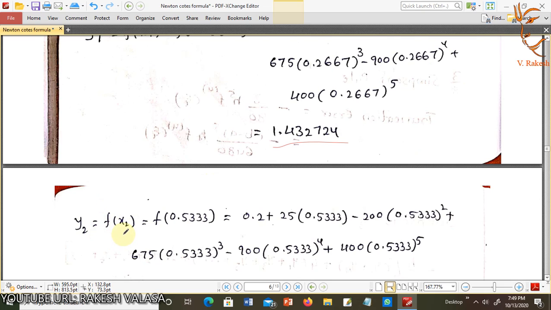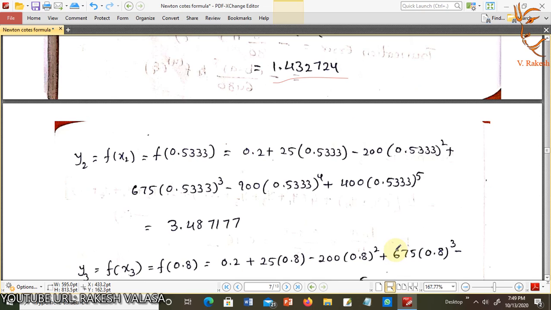Similarly calculate y2, that means f of x2. Now you can substitute x2 in the given function, that means f of 0.5333, that equal to 0.2 plus 25 x2 minus 200 x2 whole square plus 675 x2 whole cube minus 900 x to the power of 4 plus 400 into x to the power of 5. Now simplify this term, we get 3.487177.